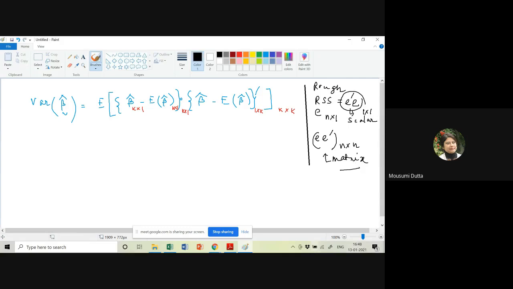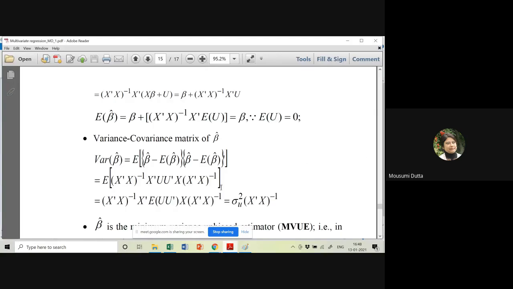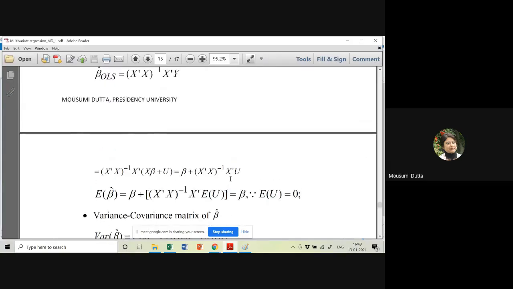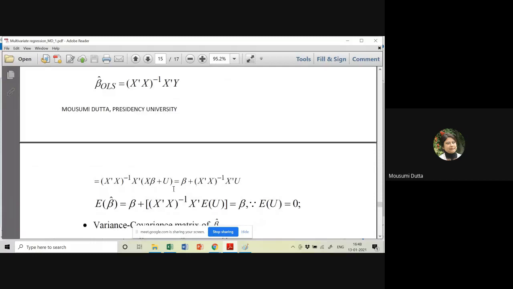Now, if I look at our earlier steps, we got beta hat is equal to beta plus (x prime x) inverse x prime u. So beta hat minus beta is simply (x prime x) inverse x prime u.